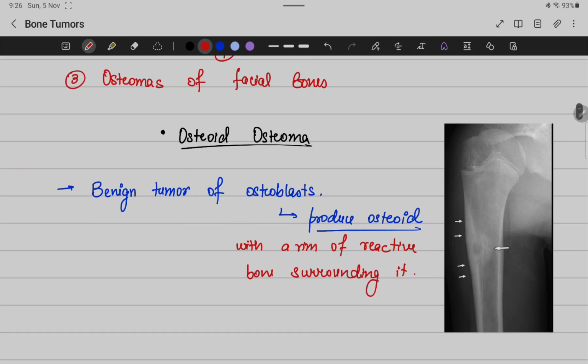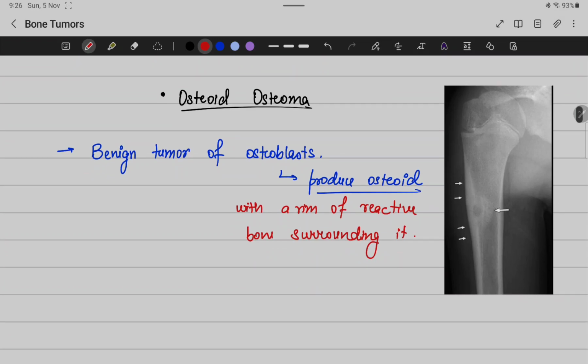Now it usually occurs in the younger age group, and it is more common in males. So we'll write males more than females. It is more common in males and presents in the younger adults, that is about less than 25 years of age.